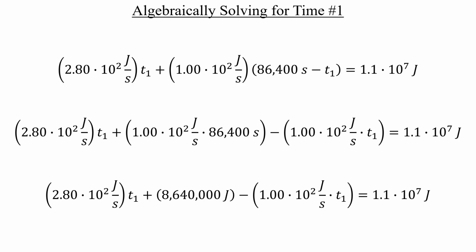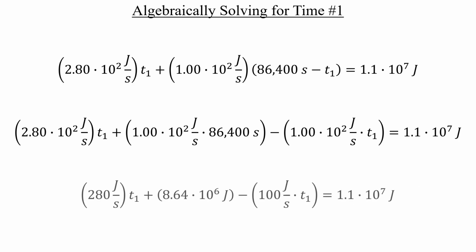That's a pretty big number, so let's make it look nice and write it using scientific notation like all the other values here. If we move that amount of joules over to the right-hand side, we'll have all the joules on one side and all the joules per seconds on the other.